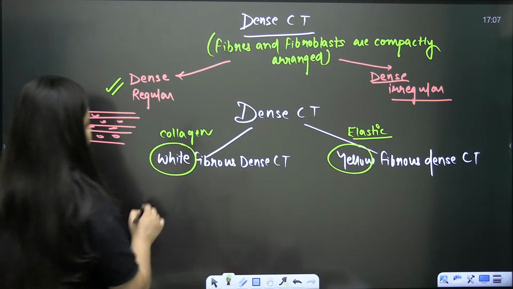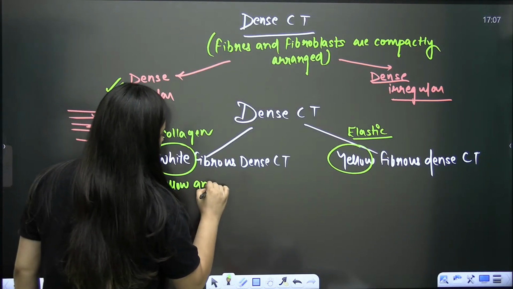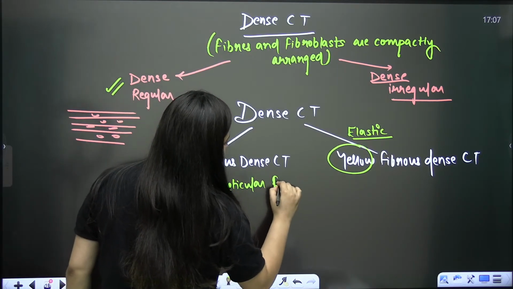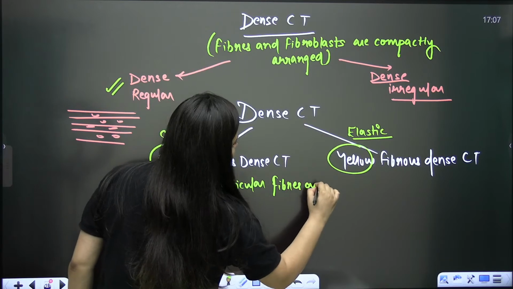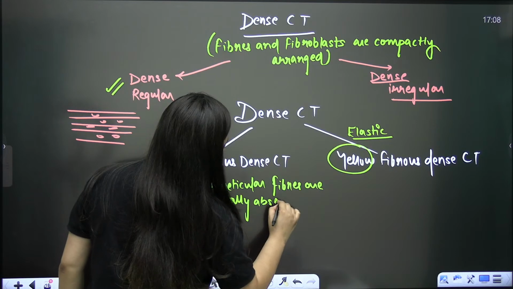So here in white fibrous connective tissue, yellow and reticular fibers are totally absent. Only white fibers are present.